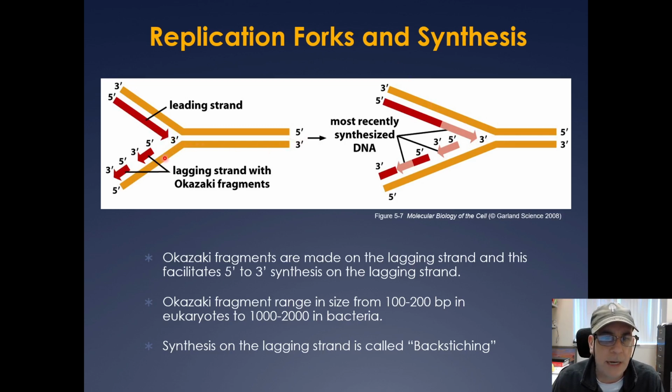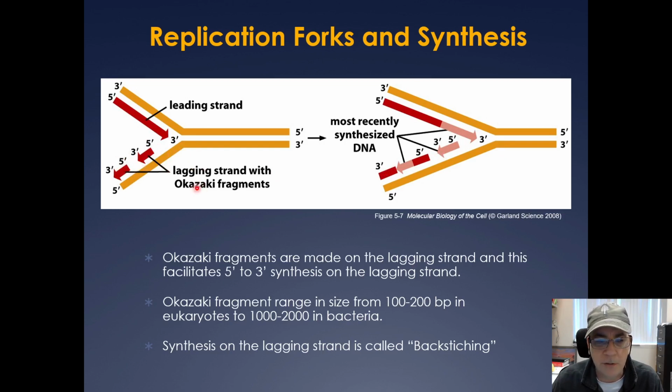However, on the lagging strand, you actually synthesize these fragments called Okazaki fragments, okay? And once again, because you have to go from 5' to 3', these have to go out. It can't just go along. So the polymerase is feeding the lagging strand out, and then these Okazaki fragments are being synthesized, and then they're ligated together.